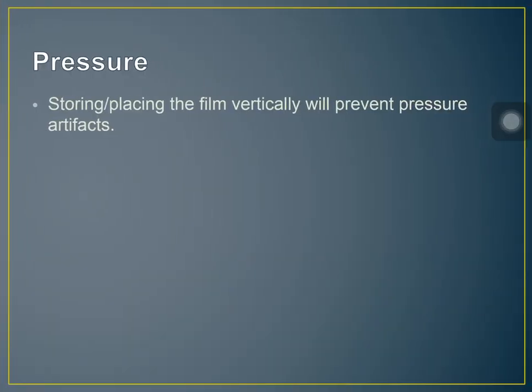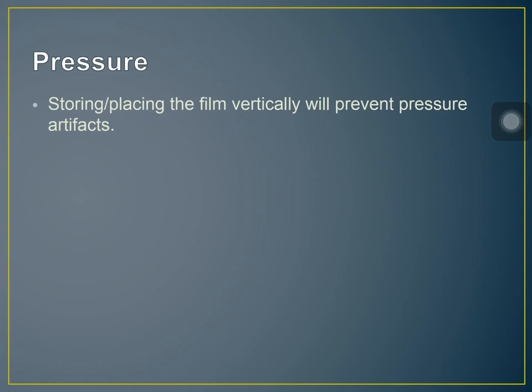Okay, next to our radiation, let's proceed to pressure. Katulad na sinabi ko kanina, static artifacts can be get from handling, from humidity level, and from pressure. So pressure artifacts are usually from the storage of film. To prevent this, the film should be stored vertically.